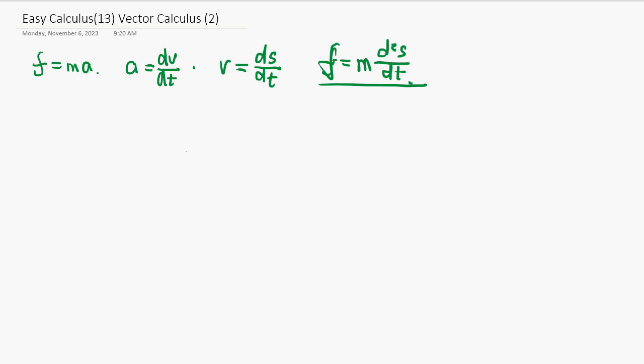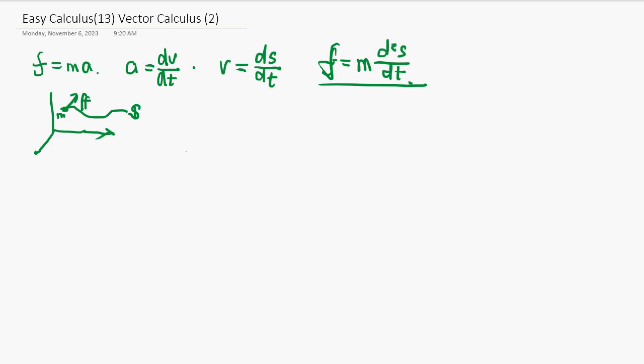Now, here's a question. We live in a 3D world, right? And suppose you have a force expressed by vector F, and this mass m makes a move, and this movement, the distance, is s.